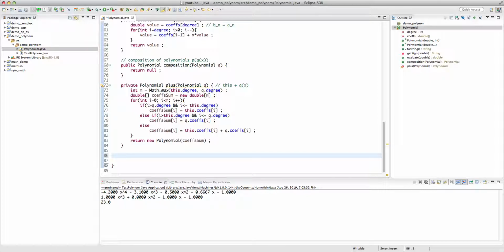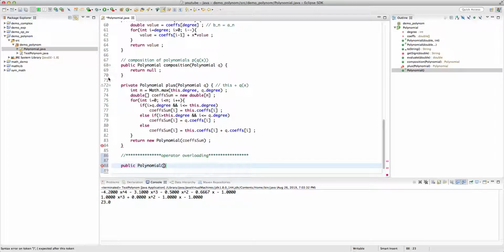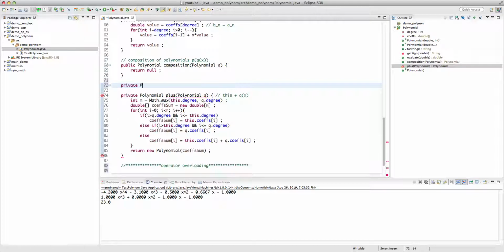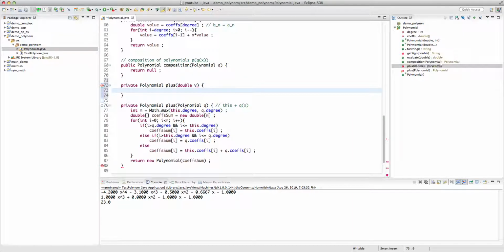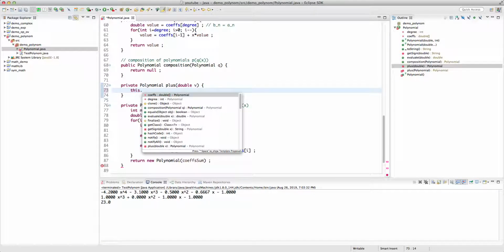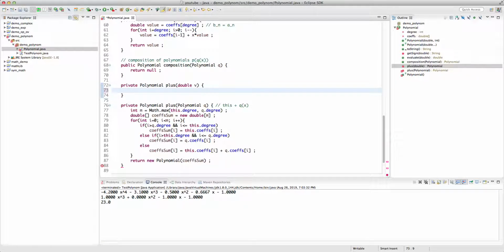So in the operator overloading I'm going to write public polynomial plus, but this time we have a double: this dot double coefs sum new double degree.